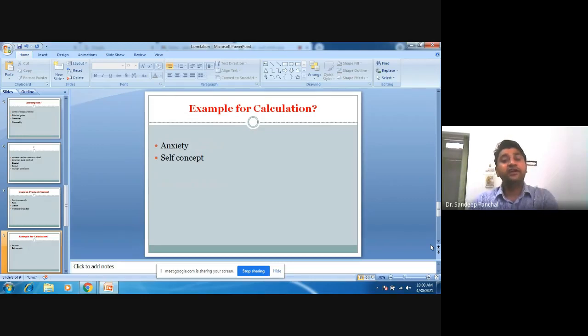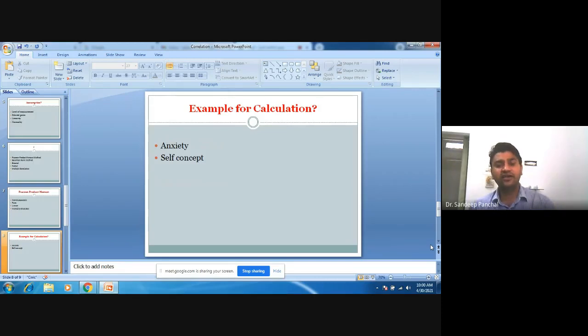We will calculate the Pearson product moment correlation with the help of an example. First we need to understand the example. Anxiety and self-concept are two variables in front of us.